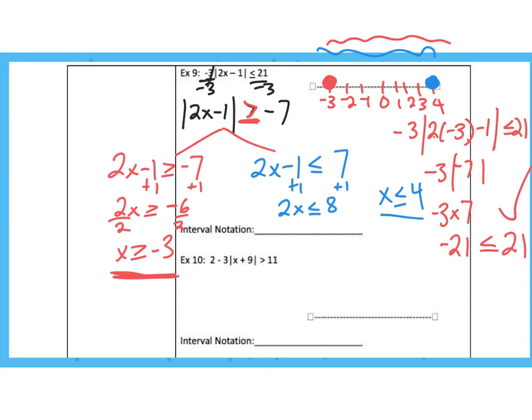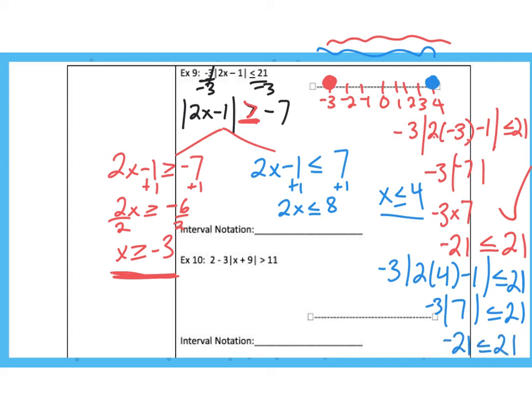Now let's try the other. Negative 3 times 4, 2 times 4 minus 1. Is that less than or equal to 21? So 2 times 4 is 8, minus 1 is 7. Negative 3 times 7, or the absolute value of 7, which is 7, is going to be negative 21.